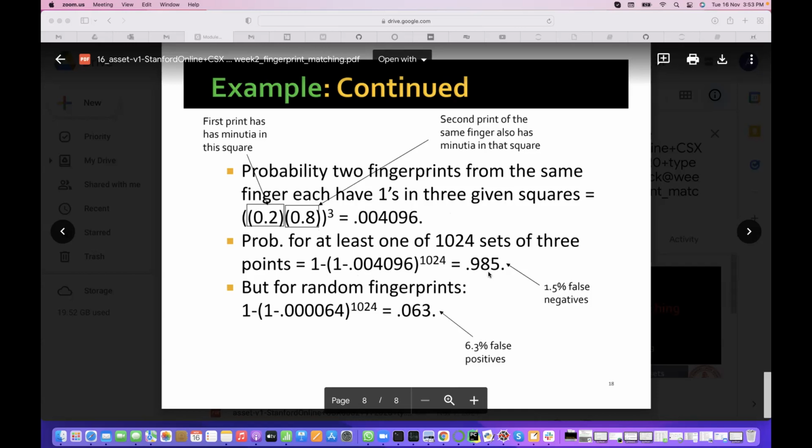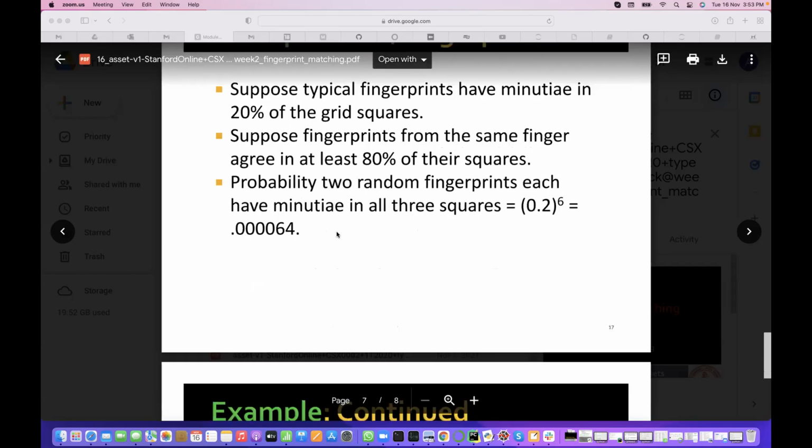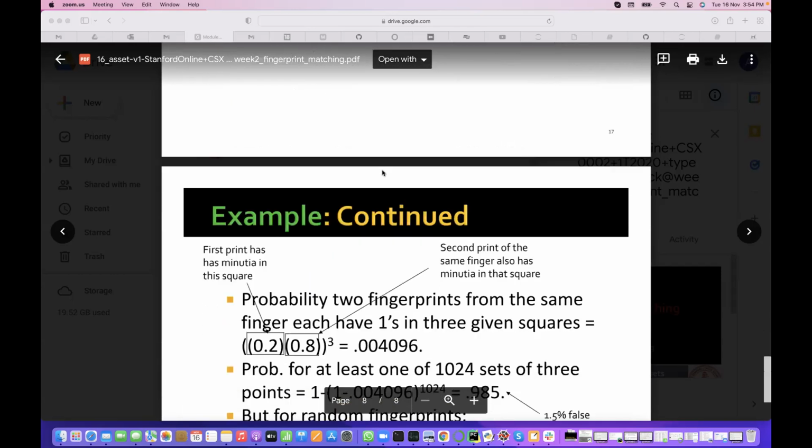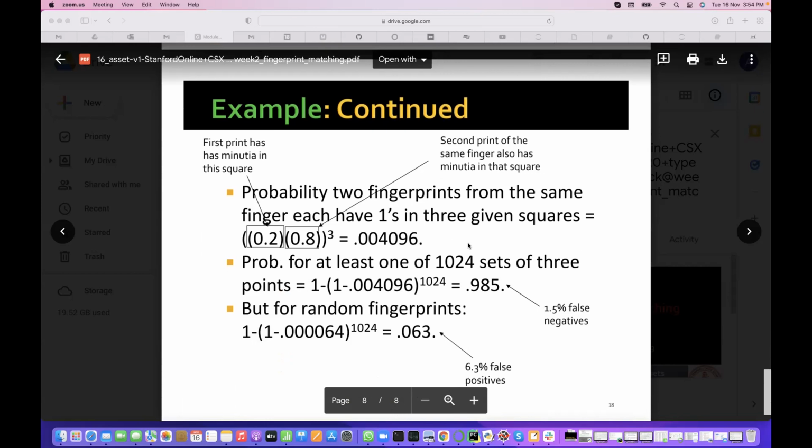So if you have 80% similarity between 2 fingerprints of the same finger, then if you take 1024 sets of 3 grids, the probability that they fall into the same group or same bucket is 0.985.